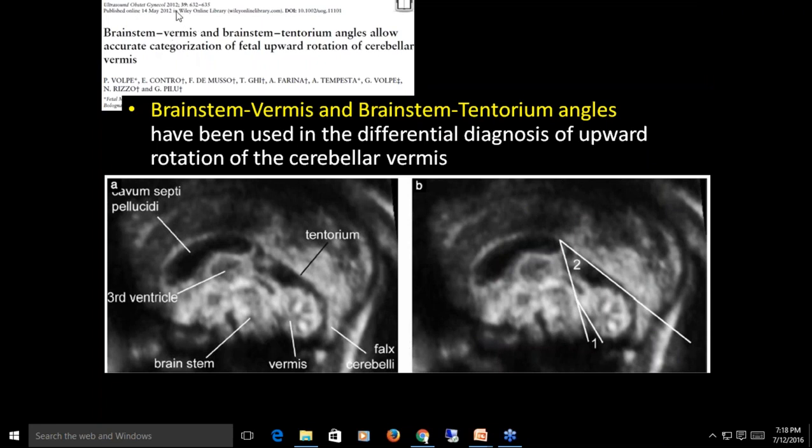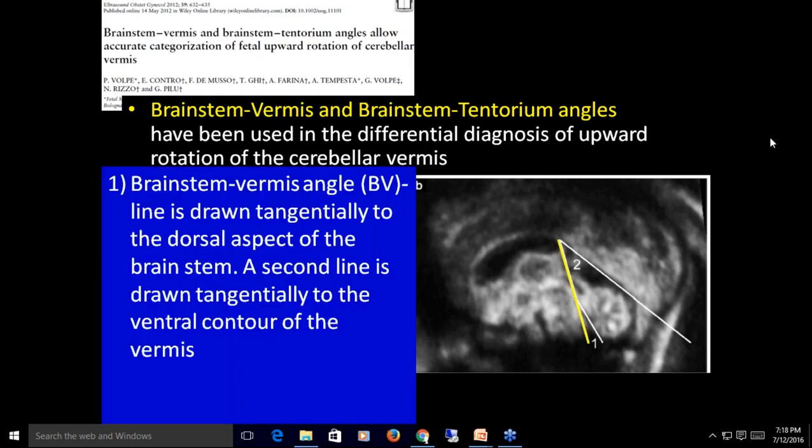There was a paper back in 2012 authored by the group of Volpe, in which they looked at a couple of angles to try to assess this rotation. The brainstem vermis and brainstem tentorium angles have been used in the differential diagnosis of upward rotation of the cerebellar vermis.